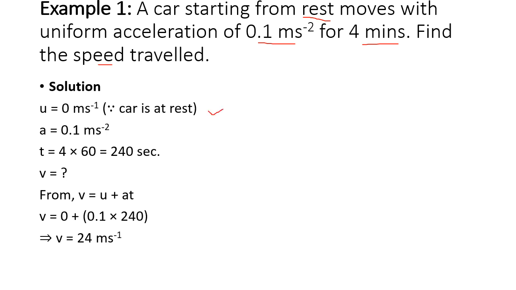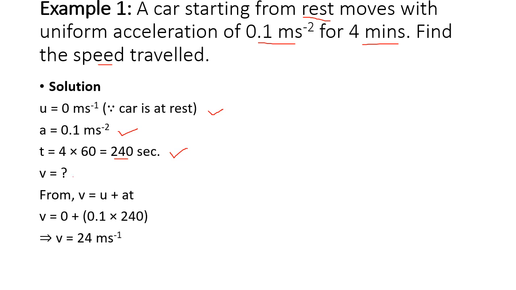U is equal to 0 because it is starting from rest. Rest means 0. Moves with uniform acceleration 0.1 meter per second squared for 4 minutes. Time is also given, 4 minutes. You should convert into seconds because the SI unit of speed is meter per second. So convert the time scale into seconds. So 4 into 60, 240 seconds.